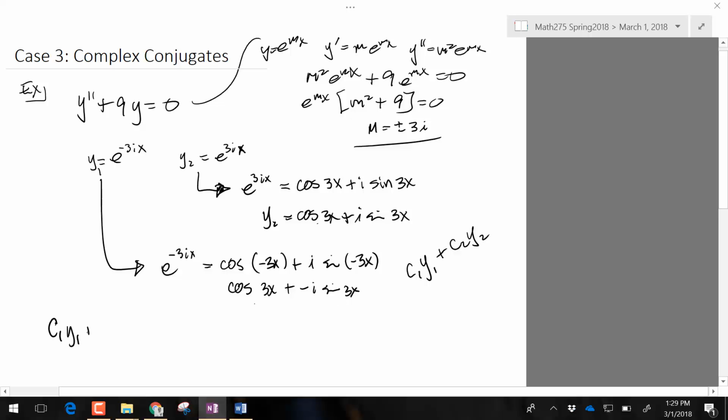C1 Y1 plus C2 Y2 is equal to C1 times cosine 3x plus I sine 3x, plus C2 times cosine 3x plus or minus I sine 3x.